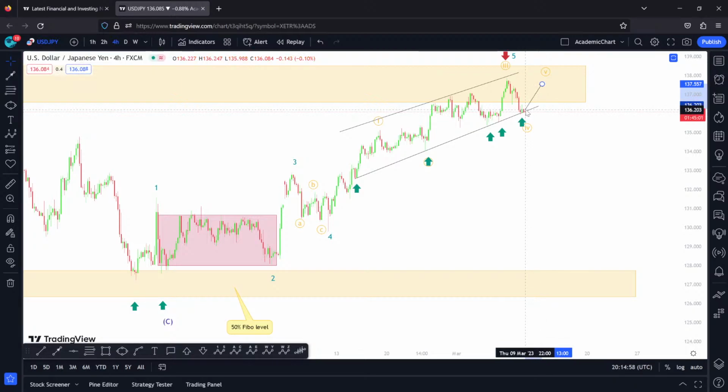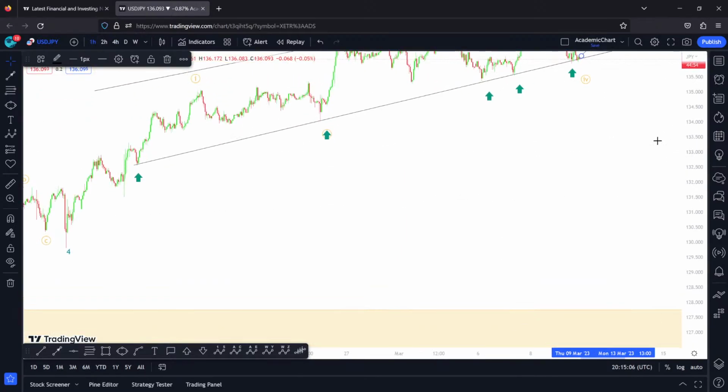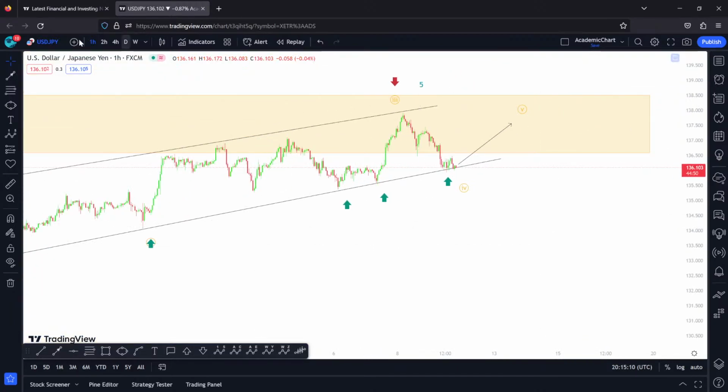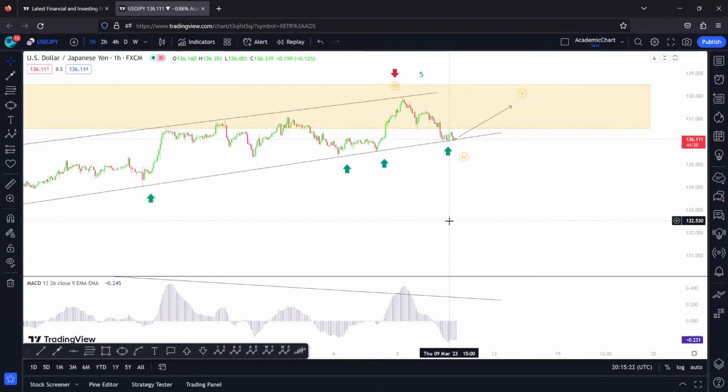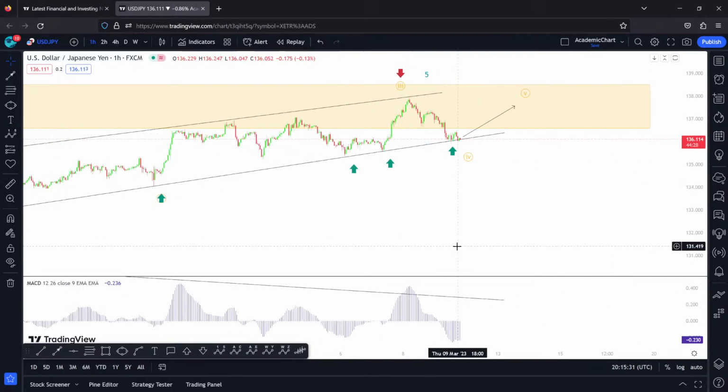I'm not seeing that it is going to directly jump down, because if I go to the 1 hour chart, I usually don't do that, just going into these very low time frames, but I can see we have already completed some sort of 1, 2, 3, 4, 5, and I can bring up MACD. You can see also at the end of the trend we have some sort of divergence here.